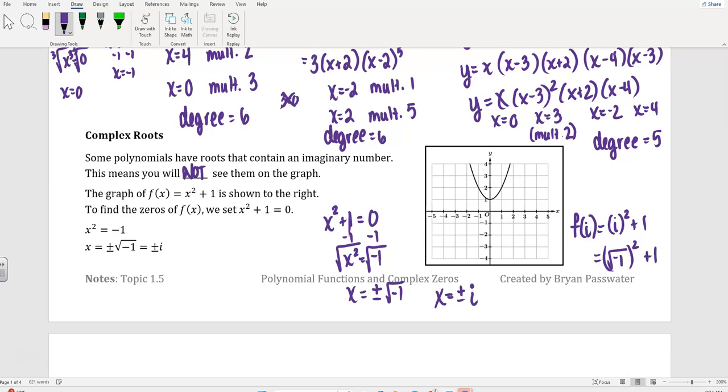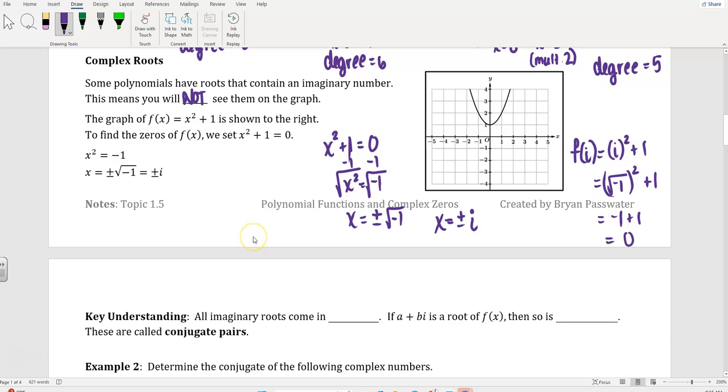What happens when you square a square root? Those cancel each other out. Now I've got negative 1 plus 1, and it does in fact give me 0 whenever I plug in i. So this is a zero, but it's not an x-intercept. Those are called complex numbers.